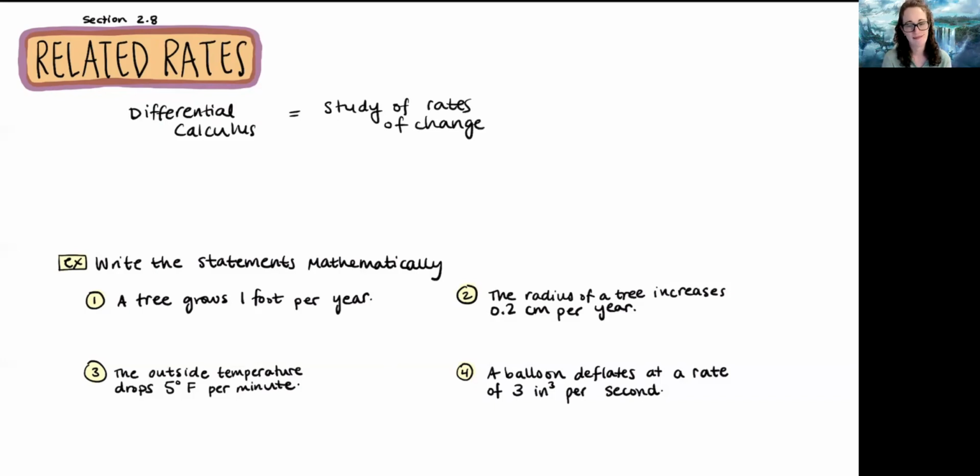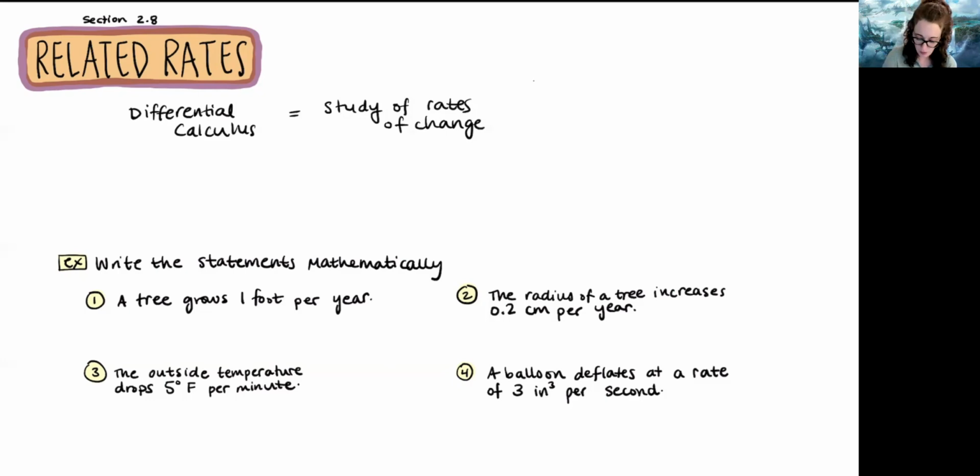So for the first time in your math career, we look at how things change with respect to one another, and not just seeing statically, like what's y when x equals 2. We're saying, how is y changing when x is 2? How are these two things, their change, related to each other?